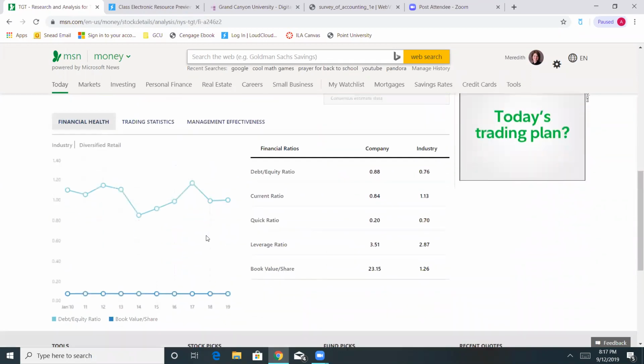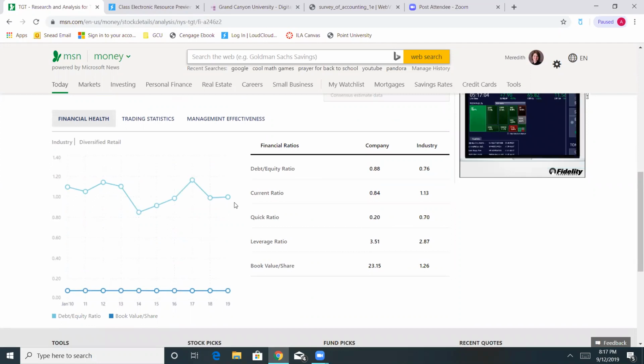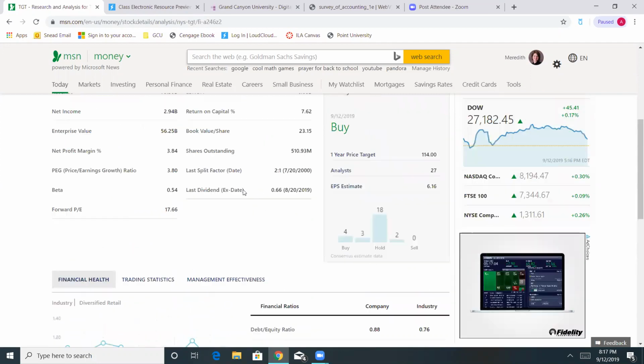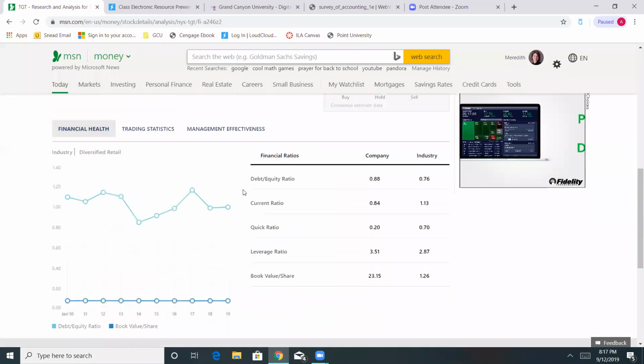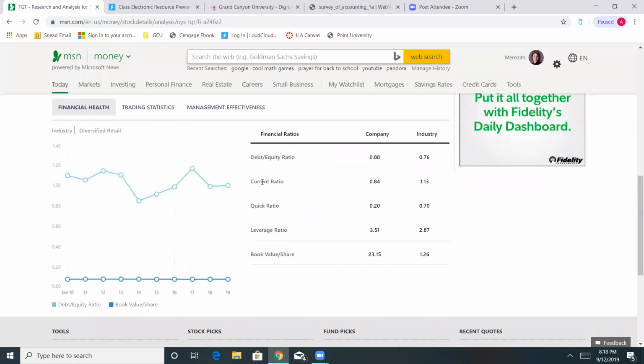Okay, here they are. Yeah, industry. Okay, this is under the analysis tab, and then just scroll down there to the middle, and you've got current ratio right here.